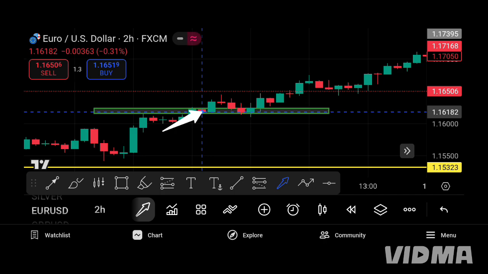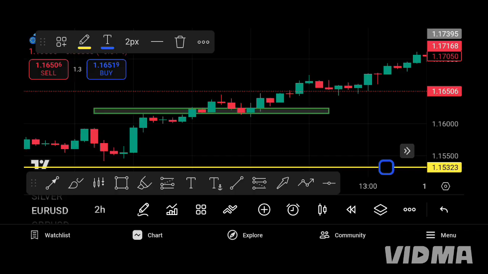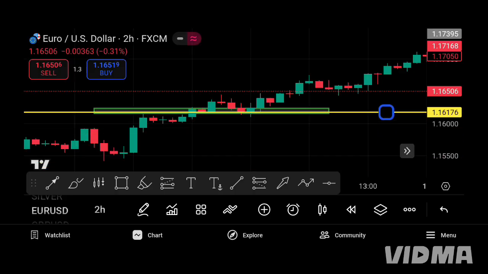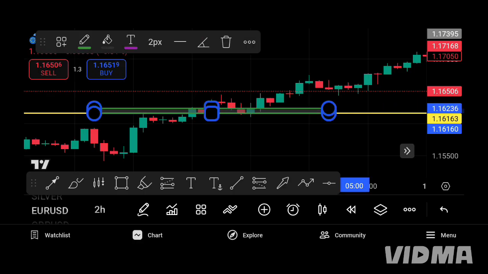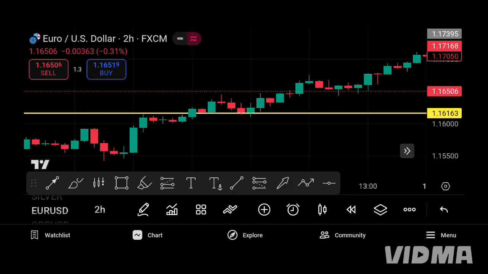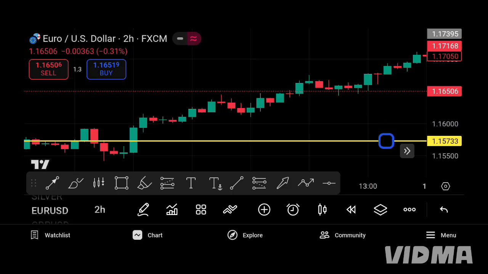So after that, you remember I marked a box. Then we bring our horizontal line just below that box. Let me first, this box is going to confuse us, so let us use this yellow line here.